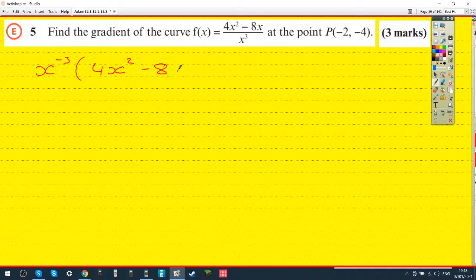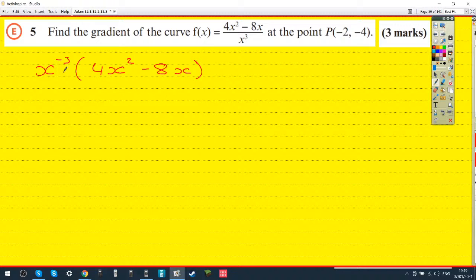Okay. So they become 4x to the minus 6 minus 8x to the minus 3.